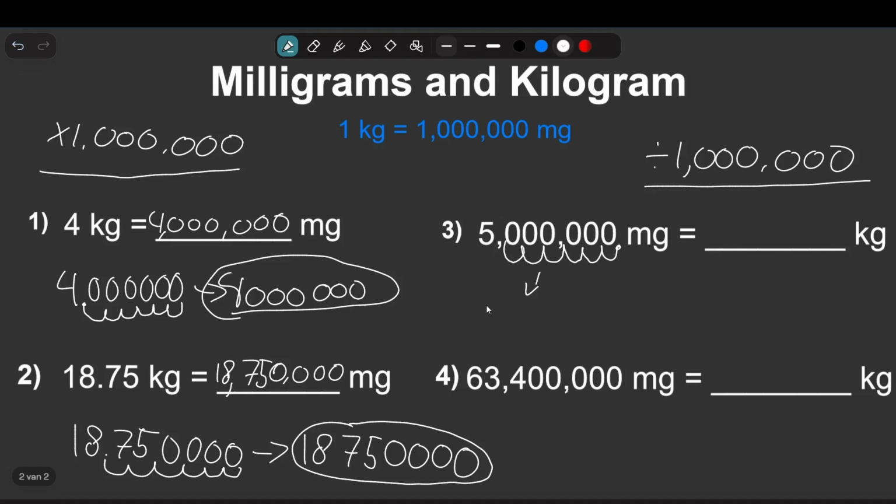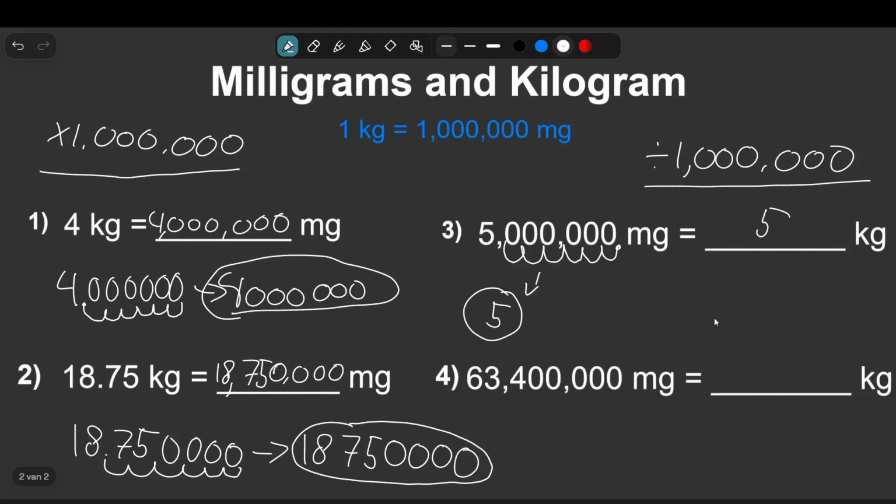Now we can rewrite this down below and just have a 5 left, because as you guys know, any zeros to the right of the decimal don't have any value. So 5 will be our final answer. So 5 million milligrams will equal exactly 5 kilograms.